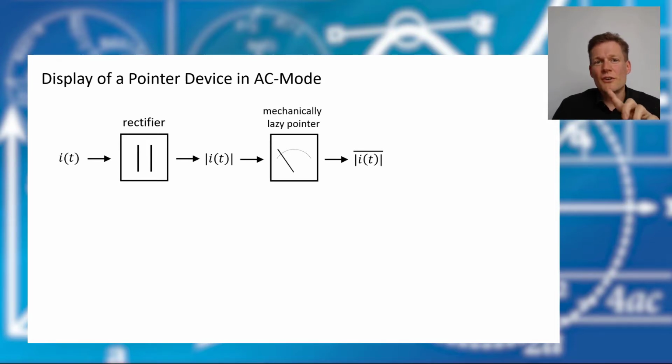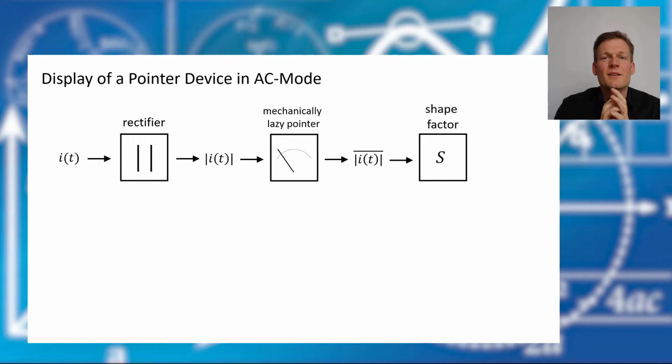We just could rewrite the scale that way that when the pointer shows us a value, which will be the rectified value, we just could write the RMS value behind it. And that means we multiply our measurement result with a so-called shape factor. And then we will have the RMS value.